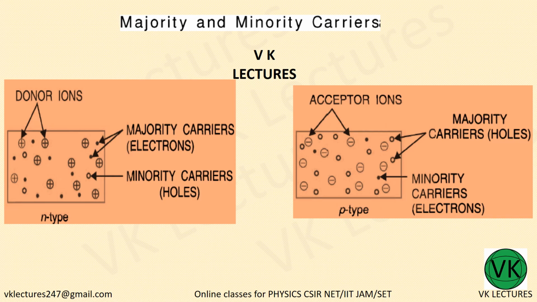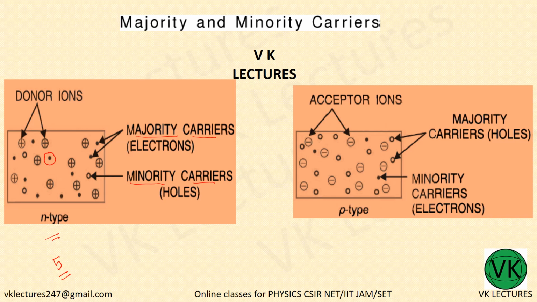Now let us see what the majority and minority carriers are. For an n-type semiconductor, we have seen it is doped with a pentavalent atom, 5 electrons, so one electron is extra. That means the majority carriers are electrons. Now there are minority carriers as well.